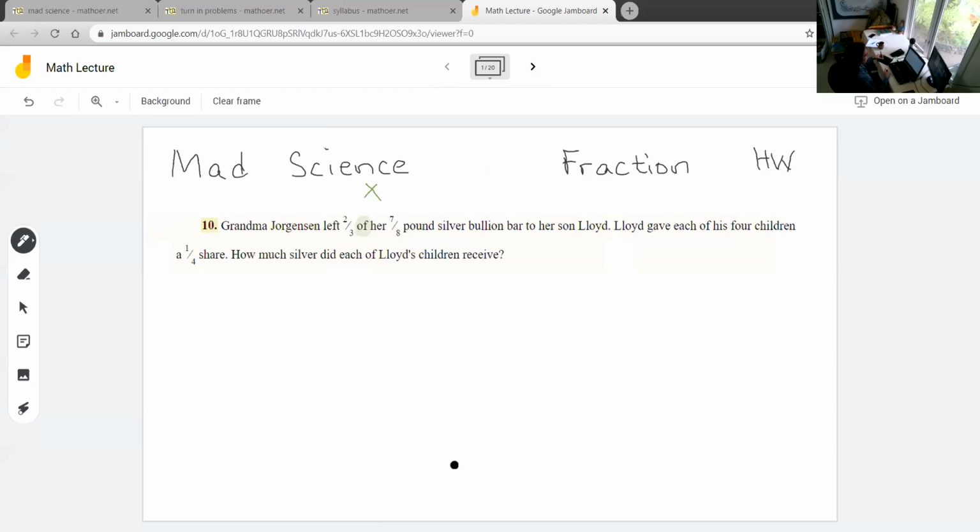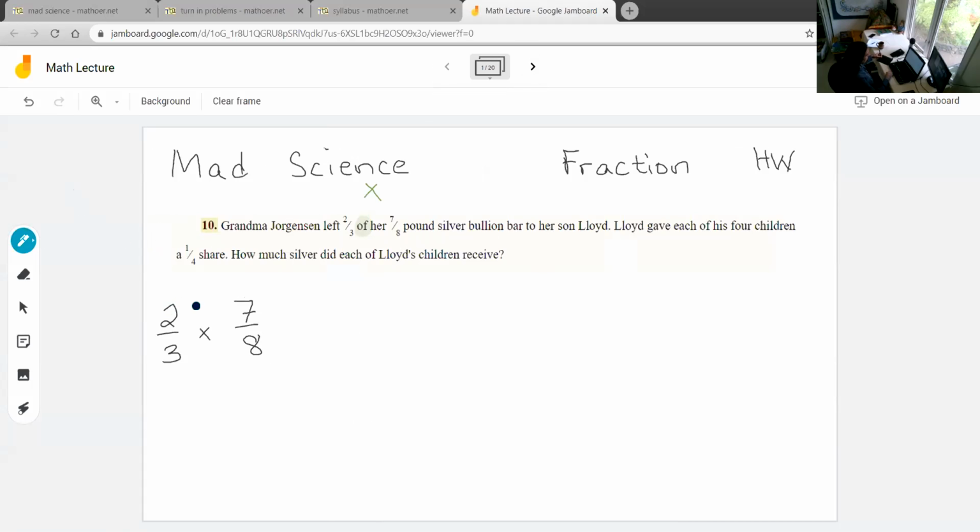So let's go back to this problem. She has a 7/8 pound silver bullion bar, and she left 2/3 of it to Lloyd. So Lloyd gets 2/3 of 7/8. If I want to, I could just multiply straight across here.